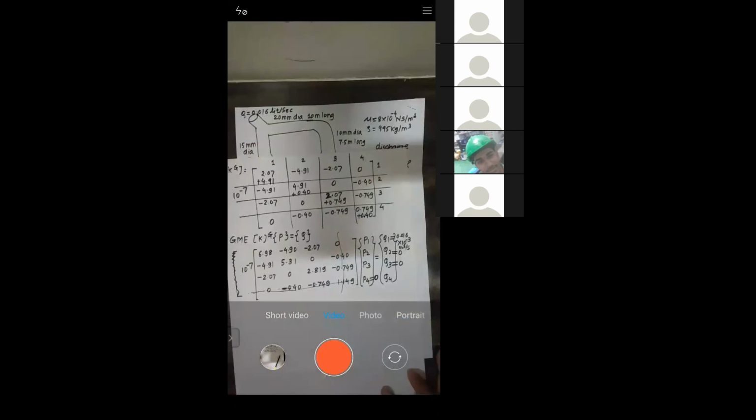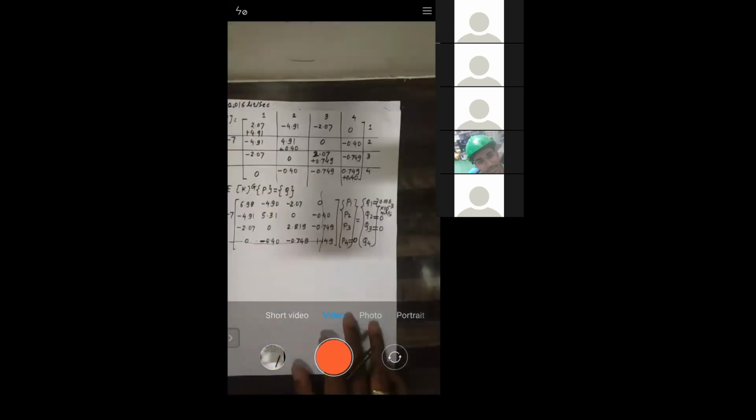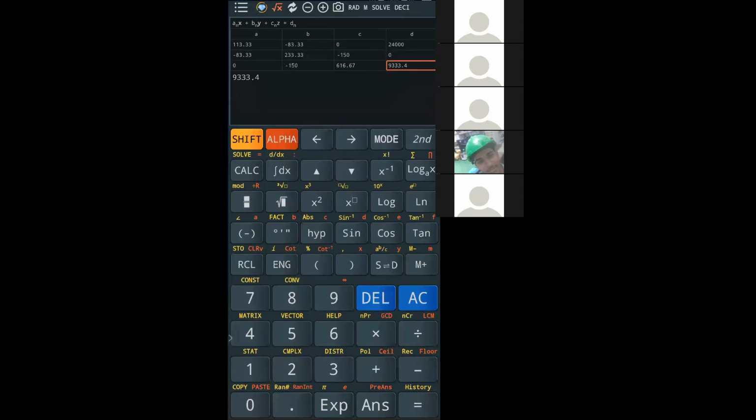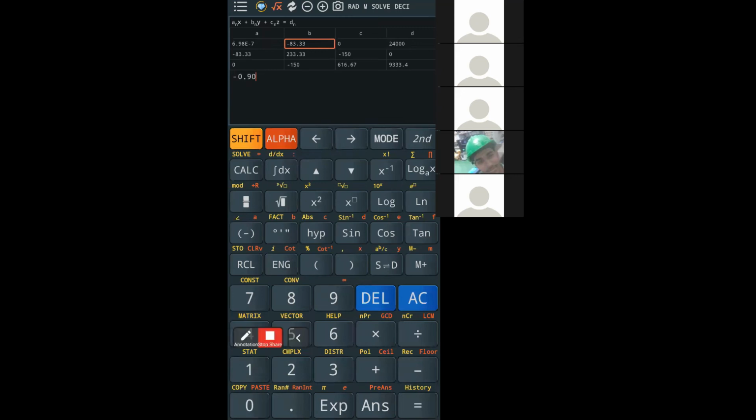Let me know P1, P2, and P3. Do this one. This is 6.98 into 10 raised to power minus 7. Next, minus 4.90.